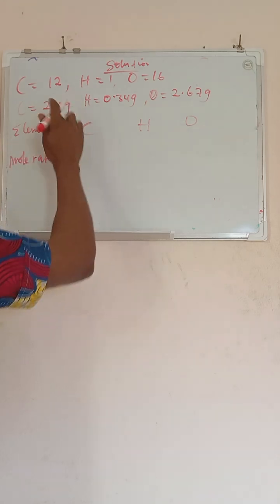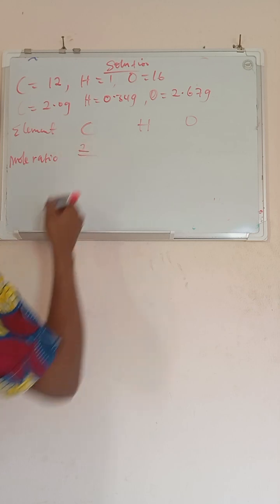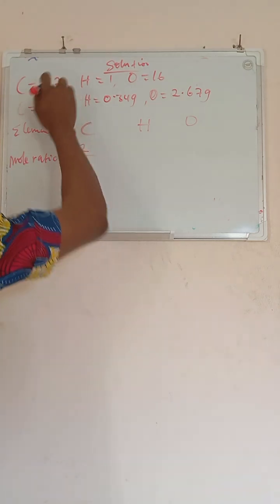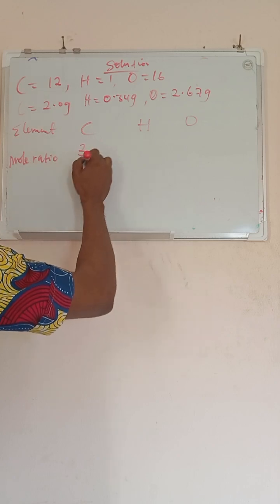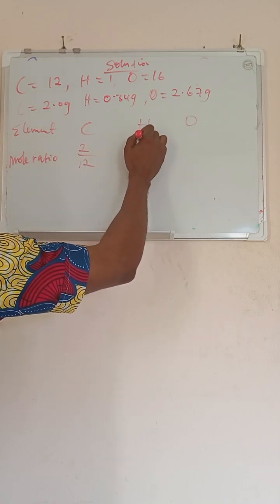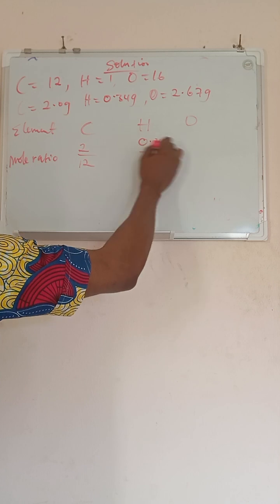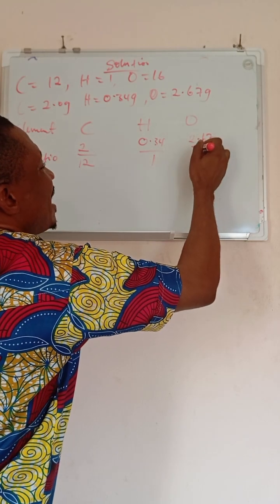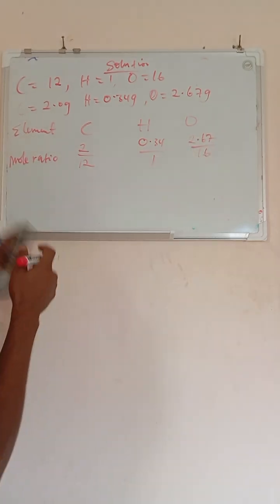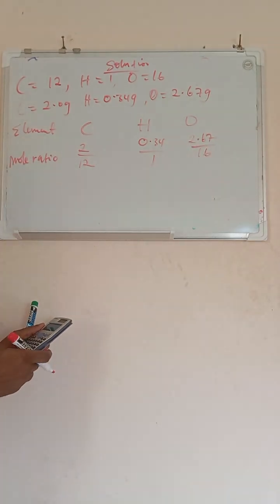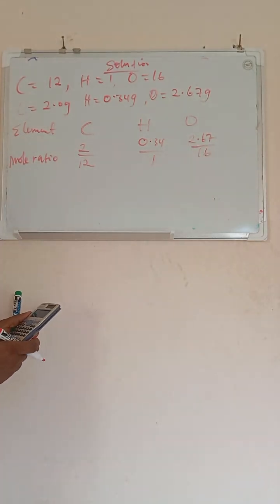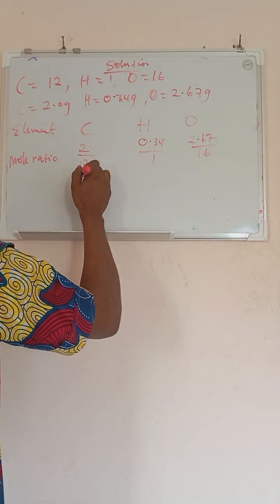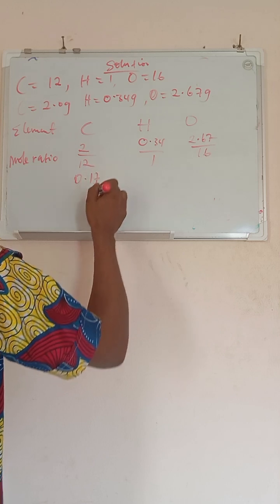Mole ratio, you now say what? That is the percentage mass divided by the atomic mass, which is 12 for carbon. This is 0.34 divided by 1, and oxygen 2.67 divided by 16. If you divide 2 by 12, we have 0.17 approximately.